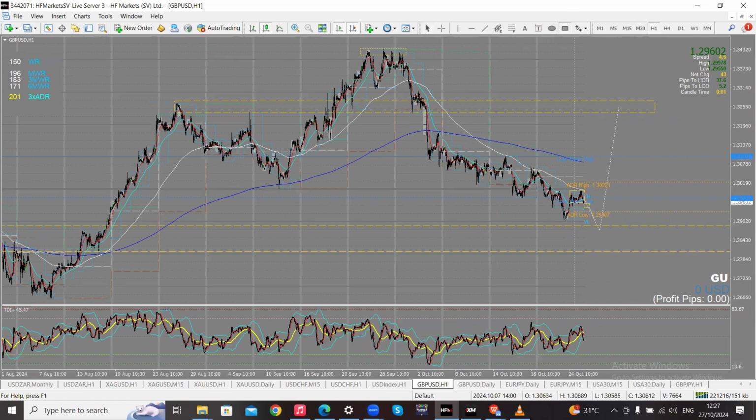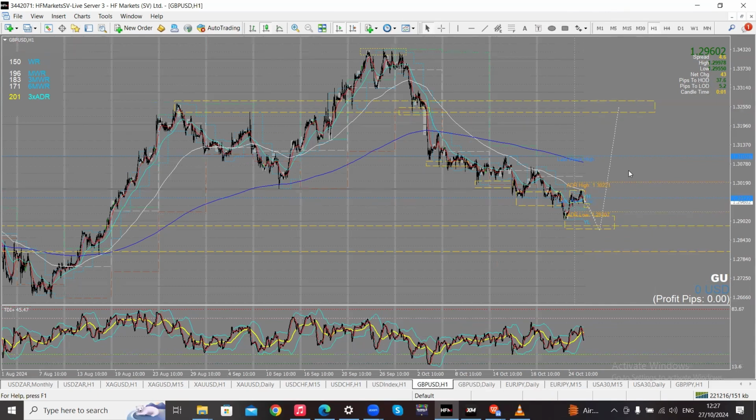Of course, we actually have a good structure to the downside, but I feel we are close to the end of this particular run.